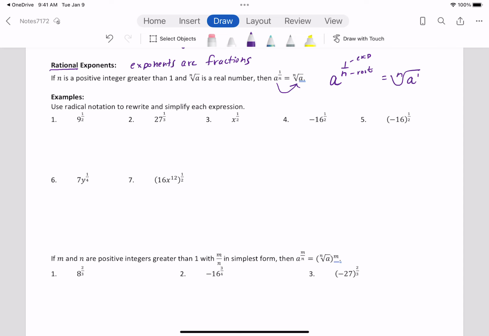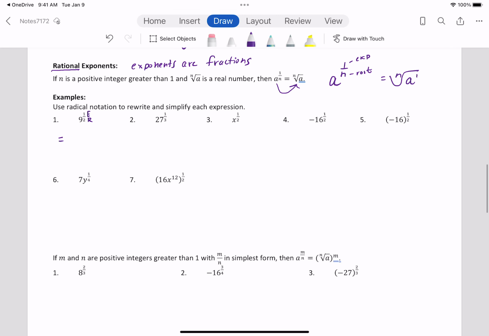So the first one, 9 to the half. Remember, the top number in the fraction is the exponent and the bottom number is the root. That's always true. So we're going to rewrite this. It's going to be the square root, because it's a 2, right? So square root of 9, and the exponent is 1.